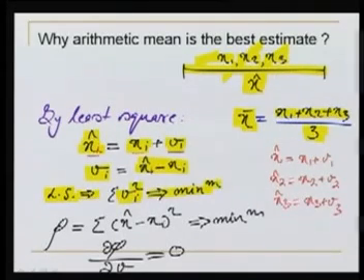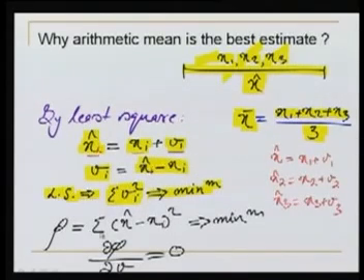So this is what we will try to do now. What is sigma of vi square? Our vi is xi hat minus xi.